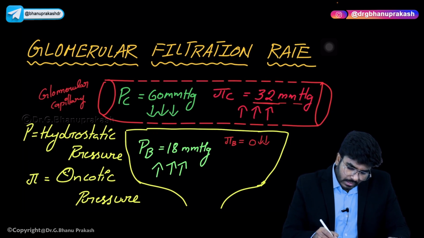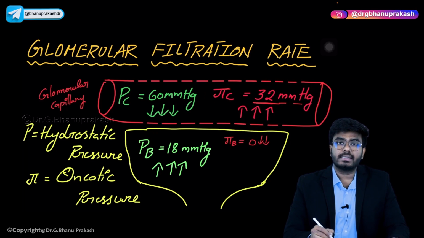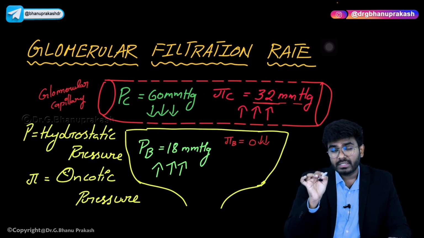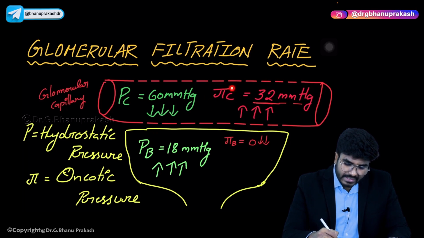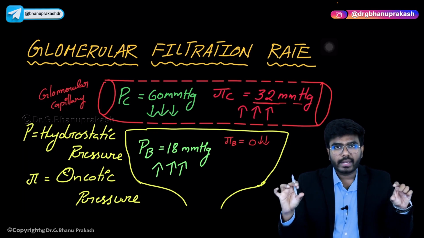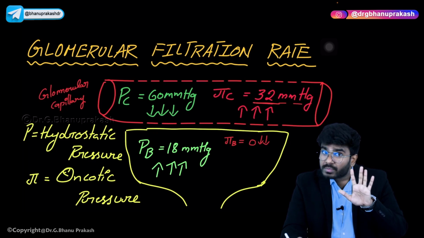Now let's see one more pressure which is present inside the capillaries. It is written with the letter pi. What exactly is this pressure, sir? It is osmotic pressure. The osmotic pressure is because of the albumin. Inside the glomerular capillaries, fluid is there, and plasma proteins are there.